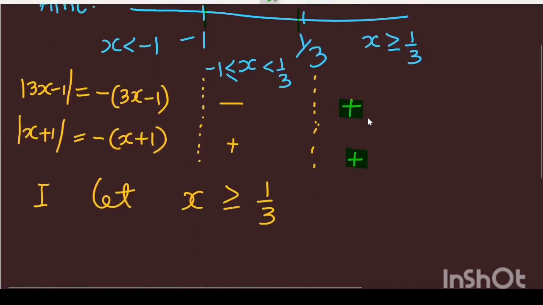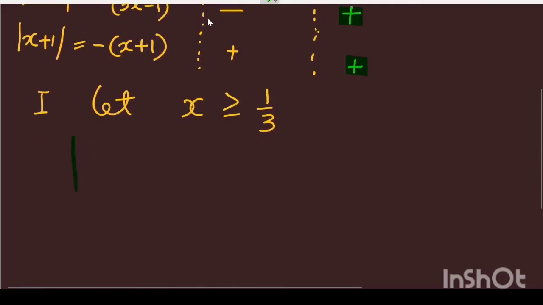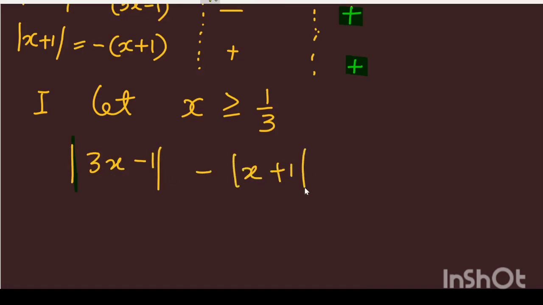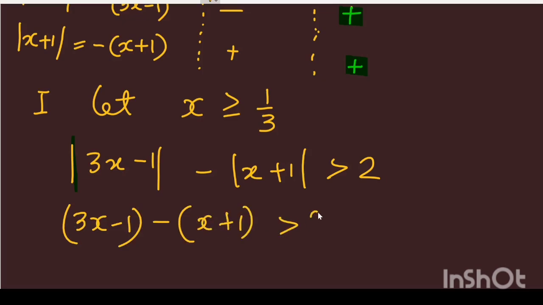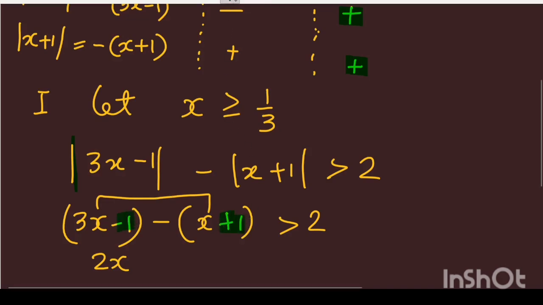So the question, mod of 3x minus 1 minus mod x plus 1, in the next step both will give plus signs, so it will give 3x minus 1 minus x plus 1 greater than 2. 3x minus x will give 2x, minus 1 and minus 1 will give minus 2, minus 2 greater than 2.